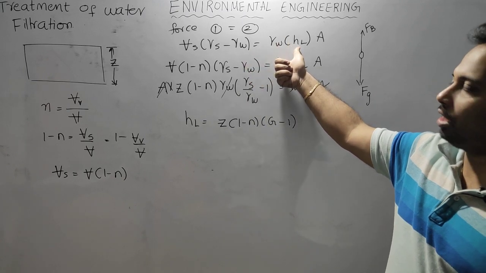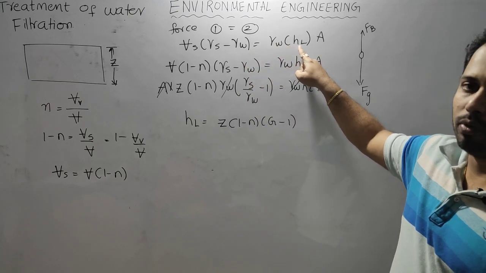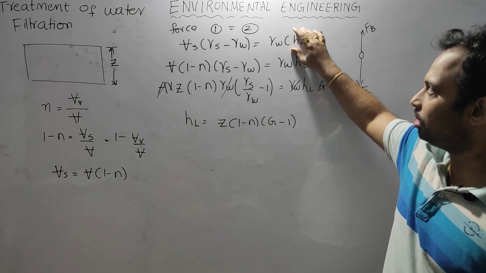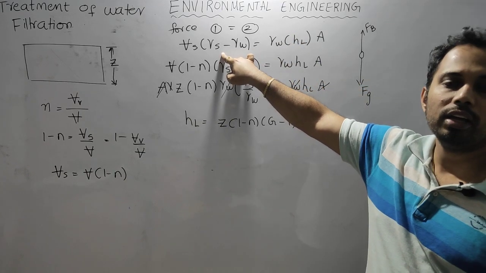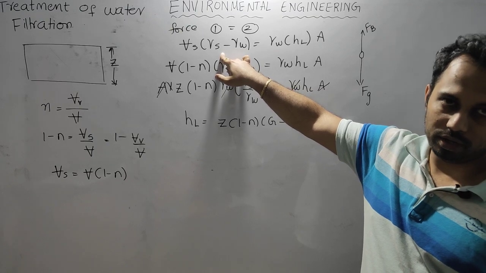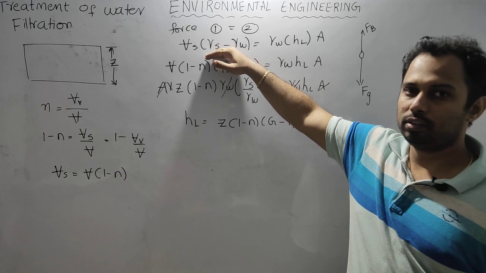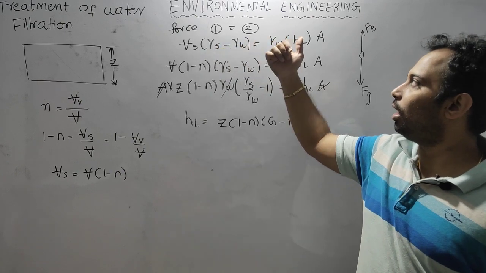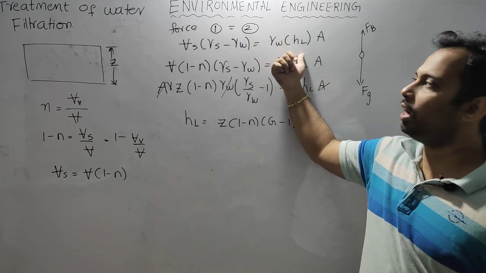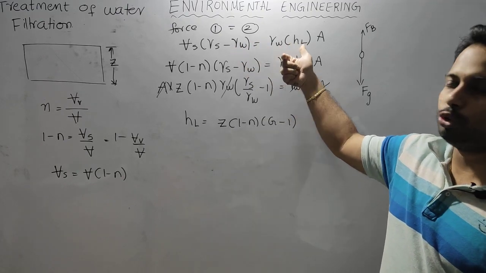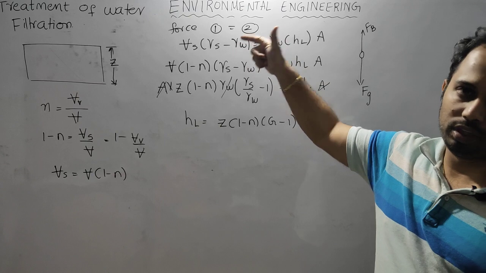Everywhere we are taking the particle property: volume of solid, gamma of solid, gamma of W. Here on the right hand side, this is the head of the water, and this head of the water will be kept such that it should not be more than the buoyancy force of the particle. So this is the capping, this is the limit, and we are equating the head loss or pressure driving head to this limit such that this head loss should not be more than this buoyancy.